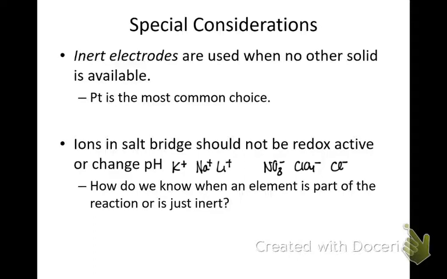So you notice that these are the conjugates of strong acids and bases. They are commonly redox electrolytes. How do we know when an element is part of the reaction or if it's just inert? Well, if you write your balanced redox reactions and you don't use those ions, then they're inert.